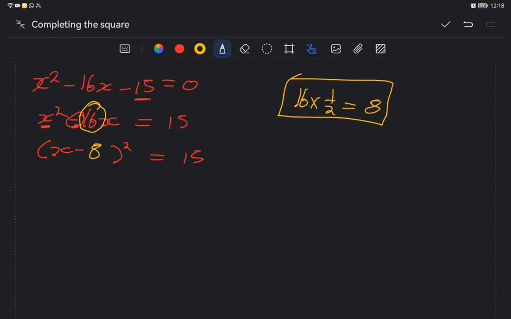Now how do we go further? We've introduced a foreign number, which is 8, which wasn't in the original expression, so we need to balance the right hand side with the left hand side.